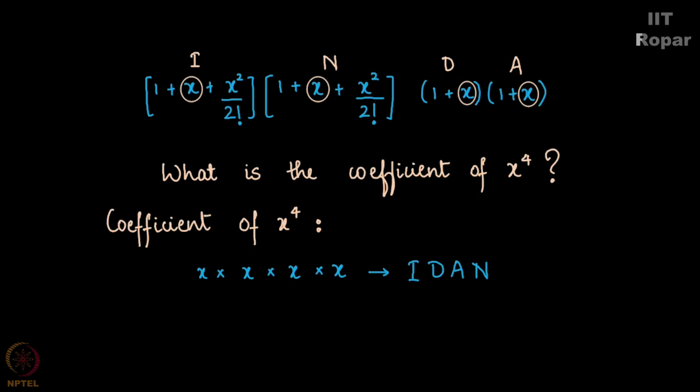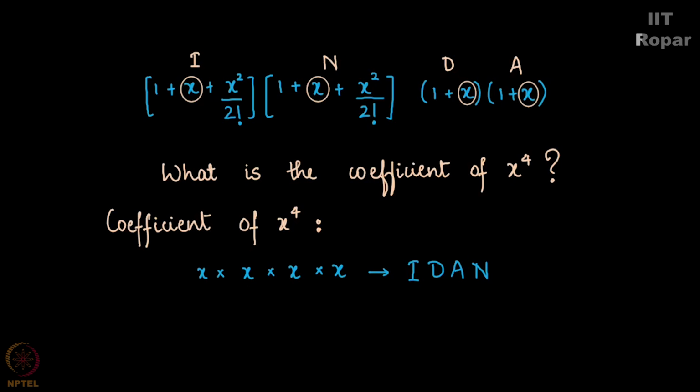This corresponds to 1 I because you're picking x from the first house, 1 D because you're picking x from D's house, second house, 1 A and 1 N. This corresponds to IDAN.